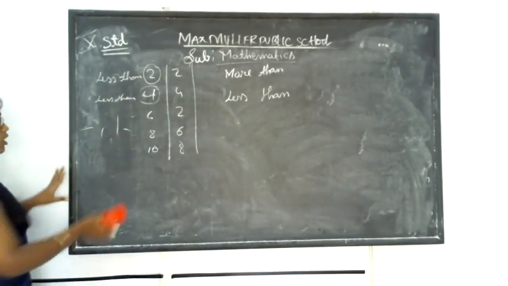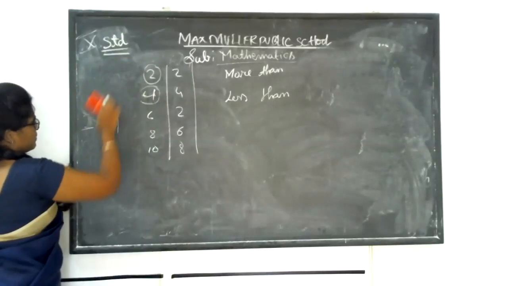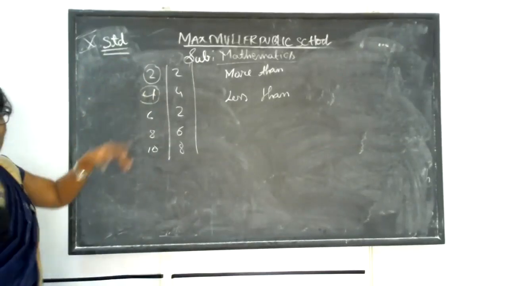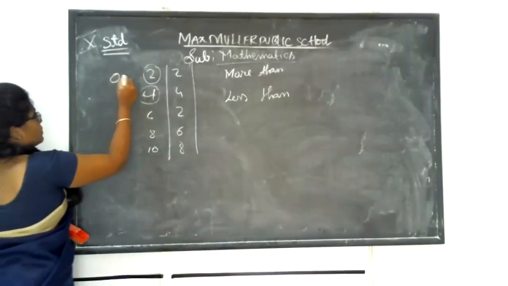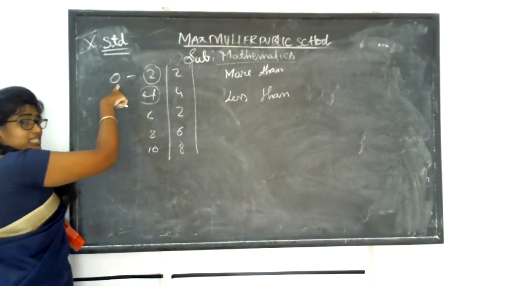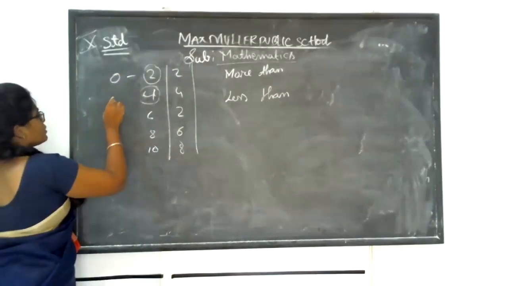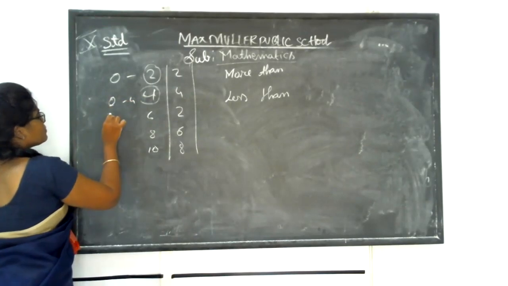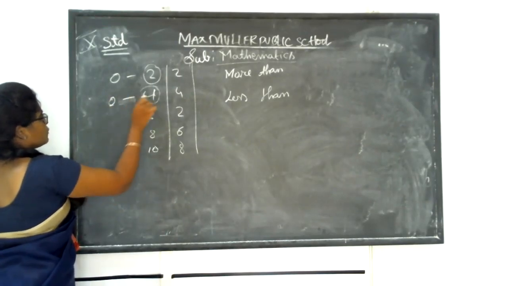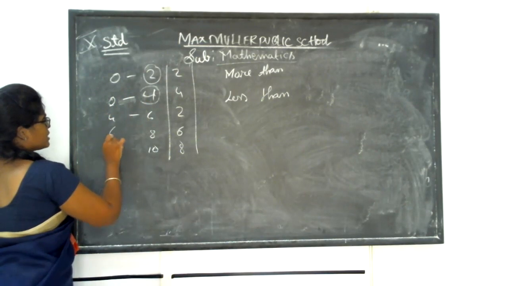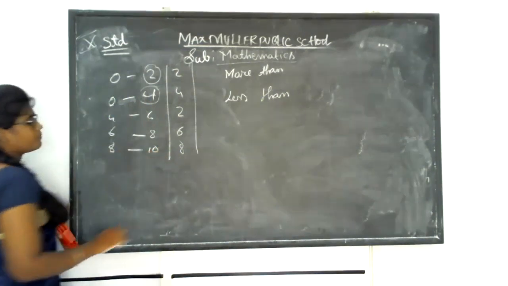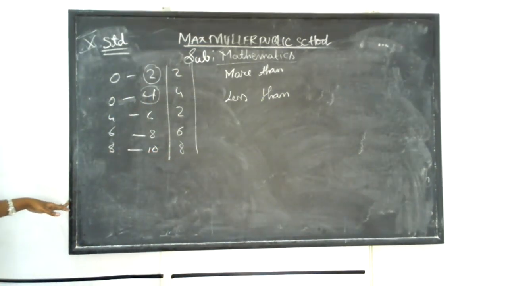If they ask you more than 2, will it come in this frequency? No, it won't come. What is the cumulative frequency? The class intervals you have are 0 to 2, 2 to 4, 4 to 6, 6 to 8, 8 to 10. More than, what should come?